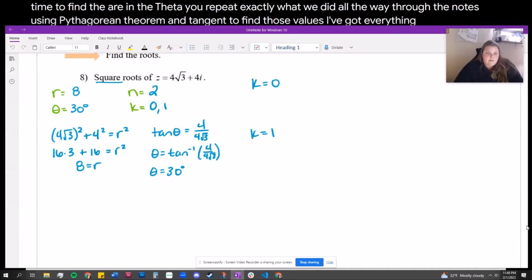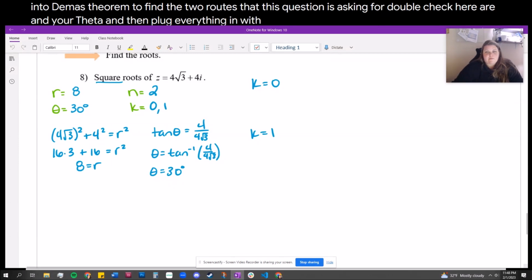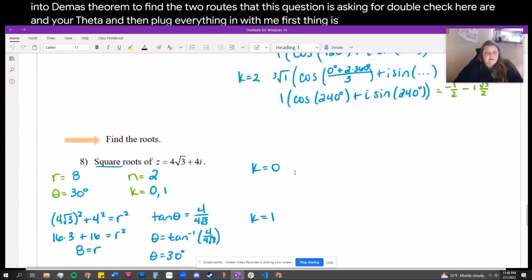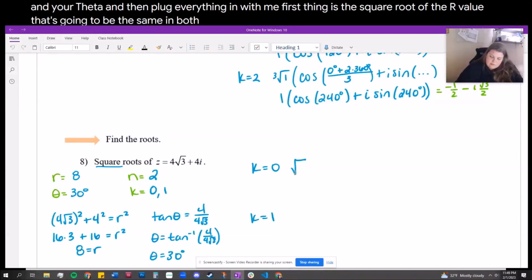I've got everything set up now to fill into DeMoivre's theorem to find the 2 roots that this question is asking for. Double check your r and your theta and then plug everything in with me. First thing is the square root of the r value. That's going to be the same in both. Next, we're trying to figure out what the angle is inside of cosine.